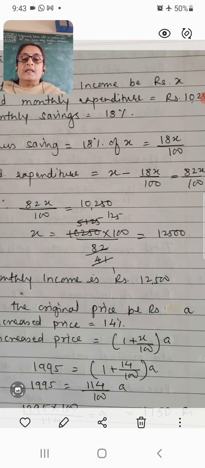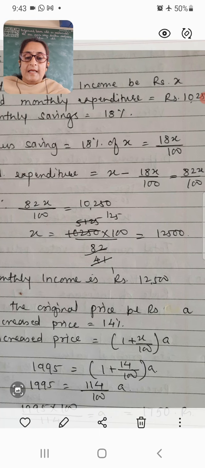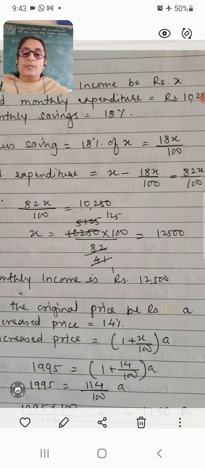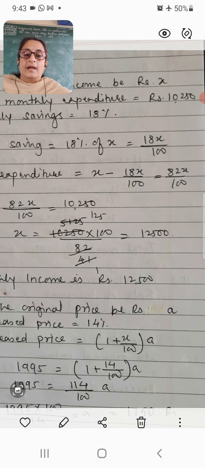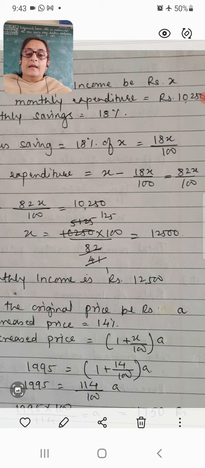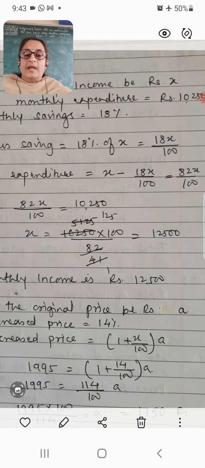Now expenditure is from the total money. X is the total money she received. If you remove the savings from that, that is 18X upon 100, the remaining is 82X upon 100. So that is what she is spending. She is spending 82X upon 100 from the whole salary.